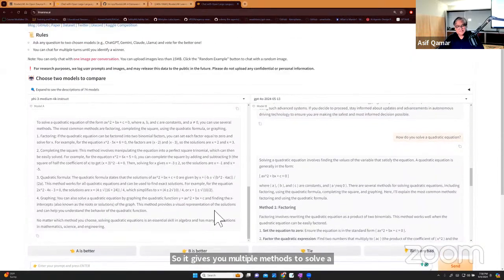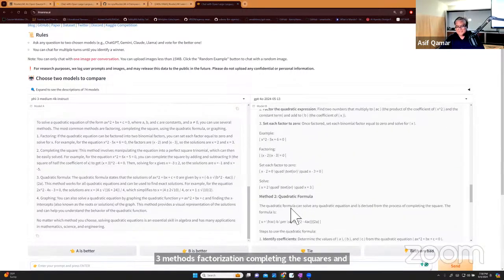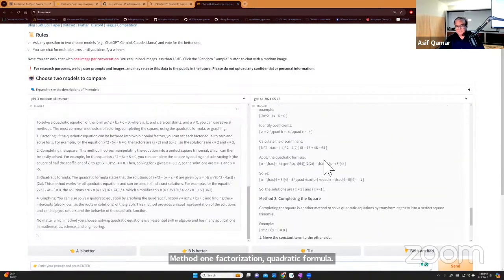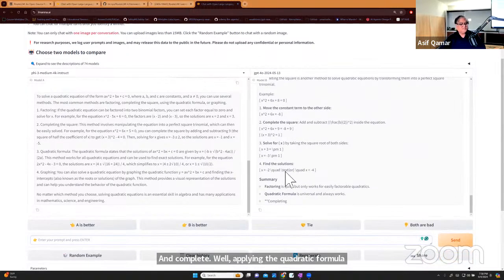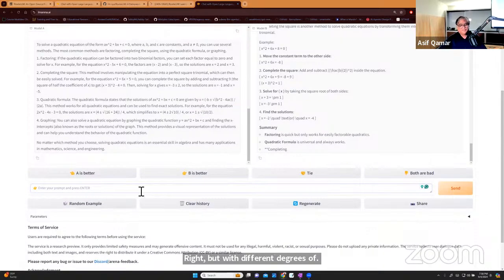And this just says to solve a quadratic equation, you would do factorization, completing the square, and the quadratic formula. So it is giving you the same 3 methods, right? But with different degrees of depth. But I hope you get the point that sometimes you don't want to pay for an unnecessarily detailed answer, right?